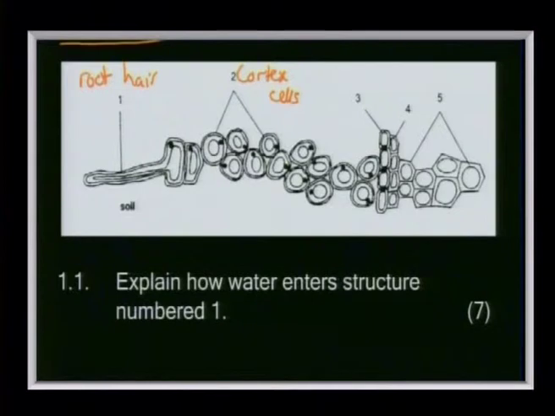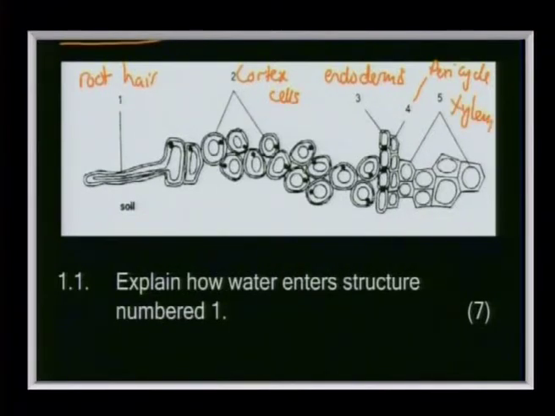All right, number 3, look, you can see the little black spots there, which means it is the endodermis. 4 is the pericycle. Okay, and 5 is the xylem.